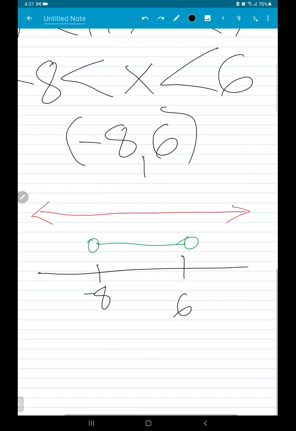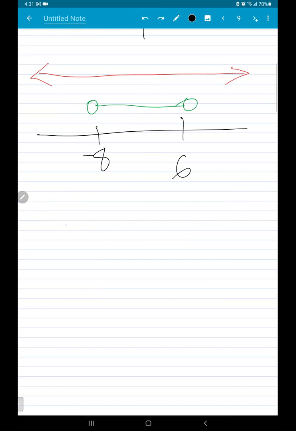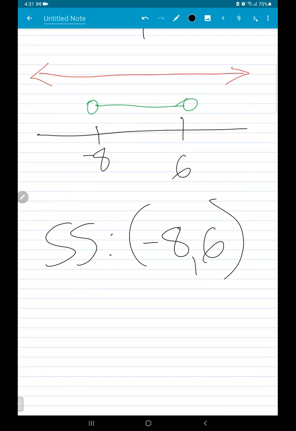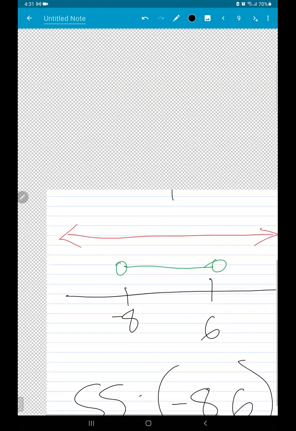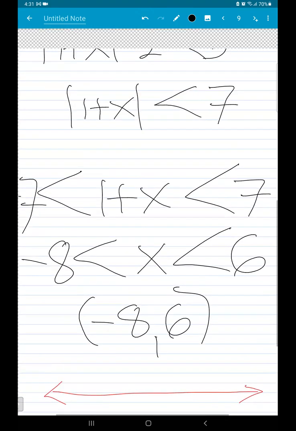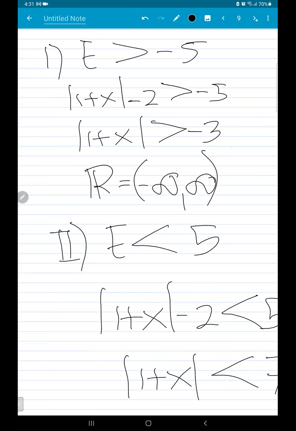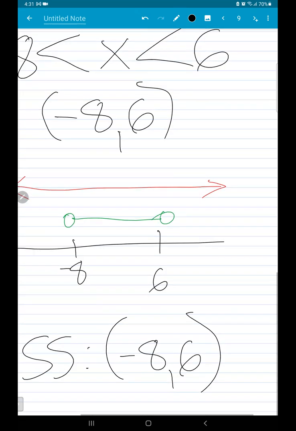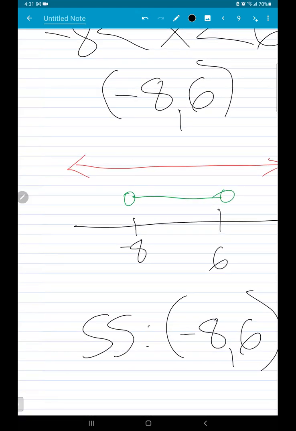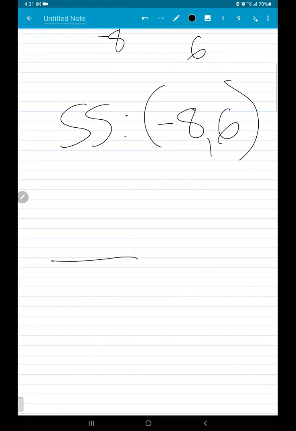So your solution set is (-8, 6). Of course, it would have been a different answer if this one were not the set of all real numbers. Then in which case, kailangan mo, kagaya kanina, di ba nagkaroon tayo ng ganito? Tama ba yun? Isang ganito.